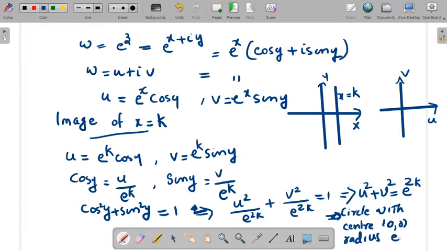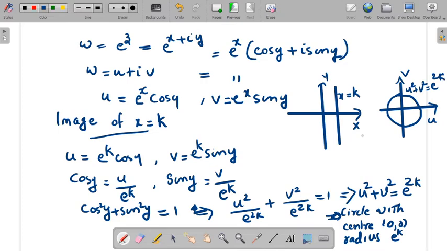So the image of the line x equal to k is a circle in the UV plane, u square plus v square equal to e raised to 2k.